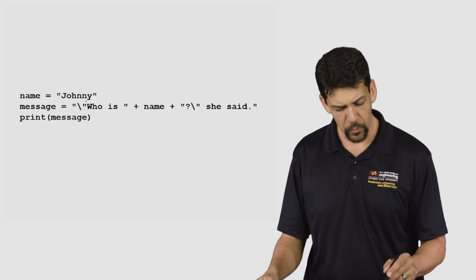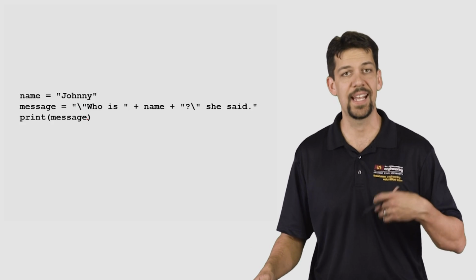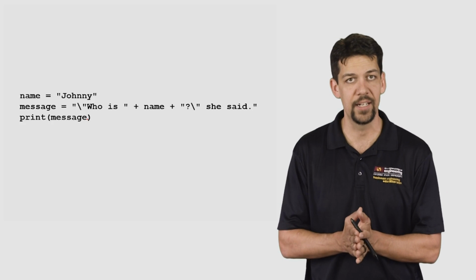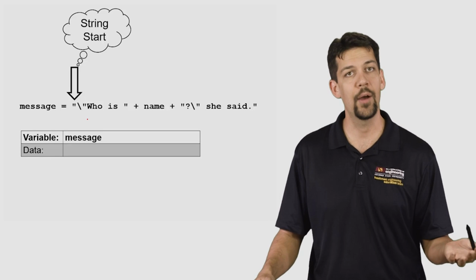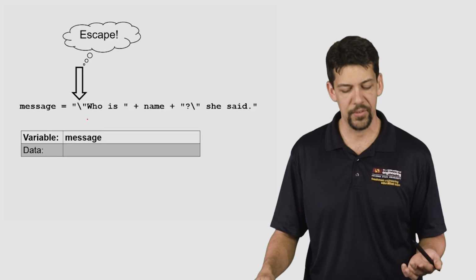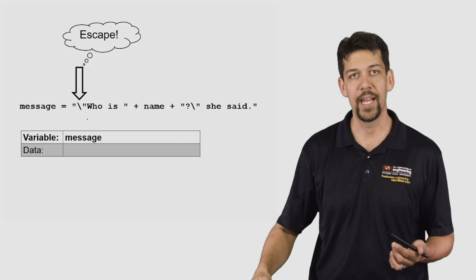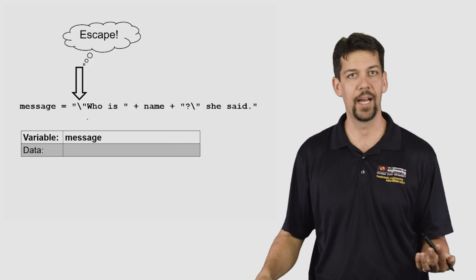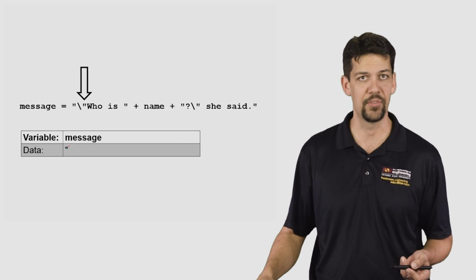So we put those in front of the quotes that we wanted to ignore, and what it does is it tells Python to ignore those as the start and end string operators. So as Python is processing this one, now it gets string start, it comes across the escape character, which says, I'm going to escape my normal operation, ignore the character that follows, include it in the total string. So now I've got a quote inside of my message variable.